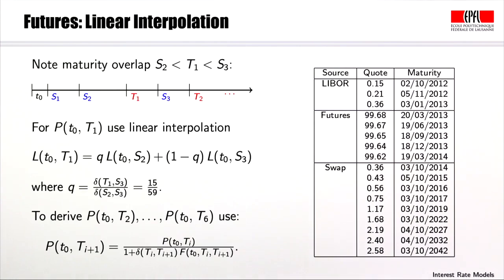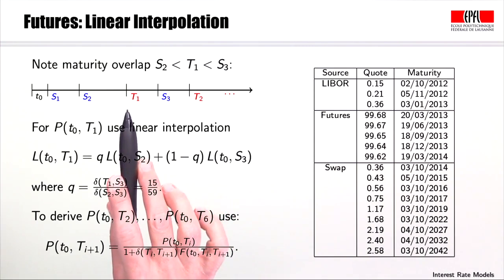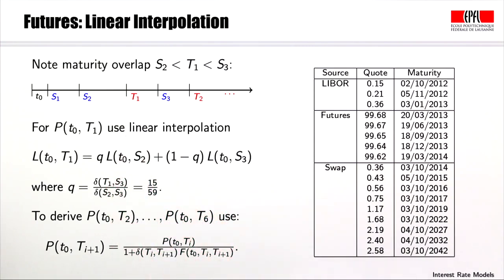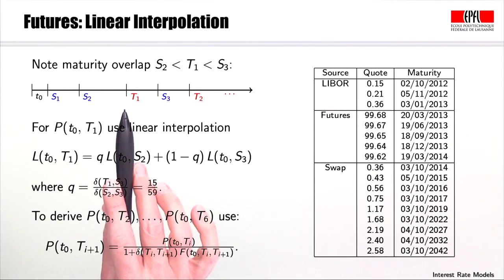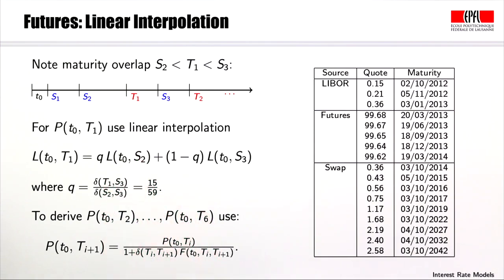When looking at the maturity spectrum, notice that we have a maturity overlap, as shown here. The first reset date of the first futures contract lies between S2 and S3, the maturities of the LIBOR rates. From this, we get the LIBOR rate for T1 by linearly interpolating the S2 LIBOR and the S3 LIBOR rates.